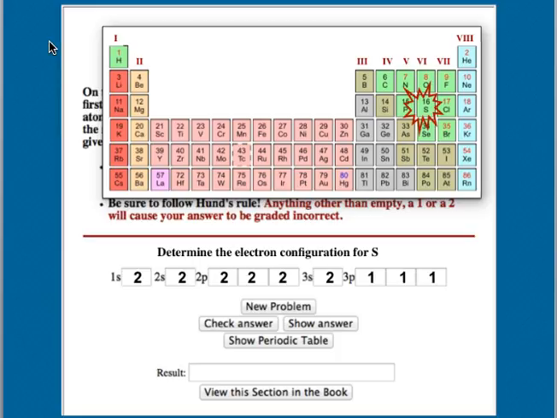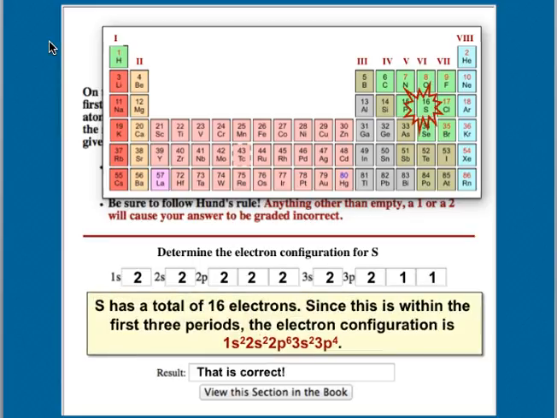So this 1 must actually be a 2. 1s2, 2s2, 2p6, 3s2, and 3p4. Key thing in the tutorial is you can only enter a 1 or 2 or you leave it blank. Okay? Do another.